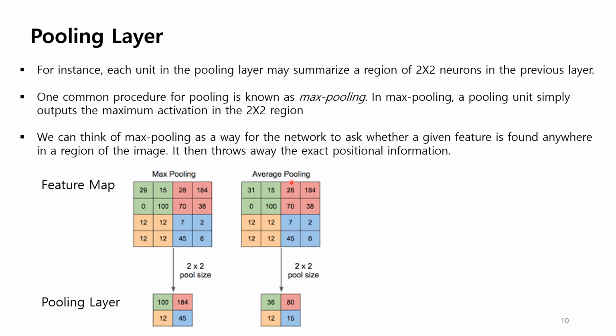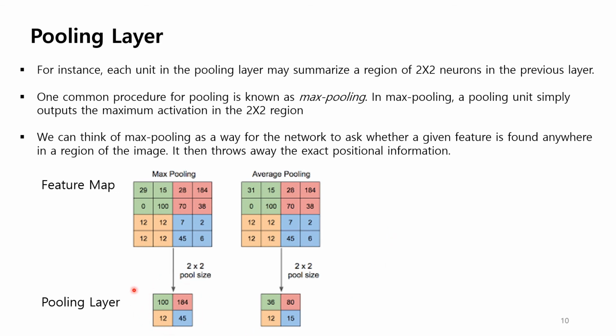We have some other pooling like summation pooling, etc. Okay, but max pooling is the most popular pooling method we use in CNN. So one common procedure for the pooling layer is max pooling. You simply look at the area and choose the maximum value. Okay, that's max pooling.